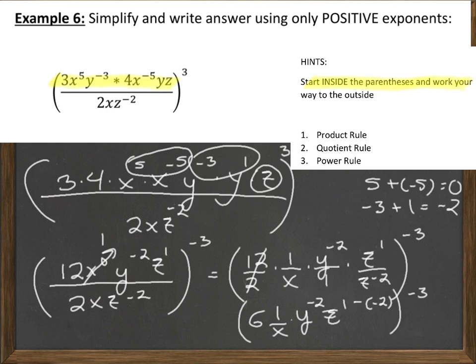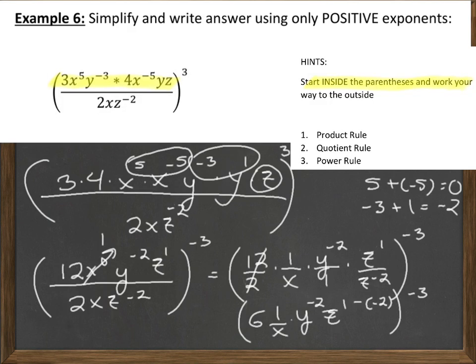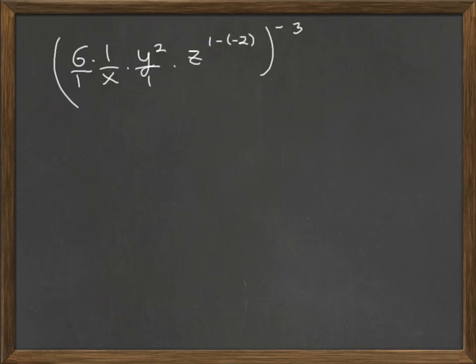Again, all this is being raised to the negative 3rd power. You can see I'm out of room here, so I'm going to rewrite this on the next page. Let's look at our z. We have z to the 1 minus negative 2. Remember, minus a negative is the same as plus a positive, so we have 1 plus 2, or 3.